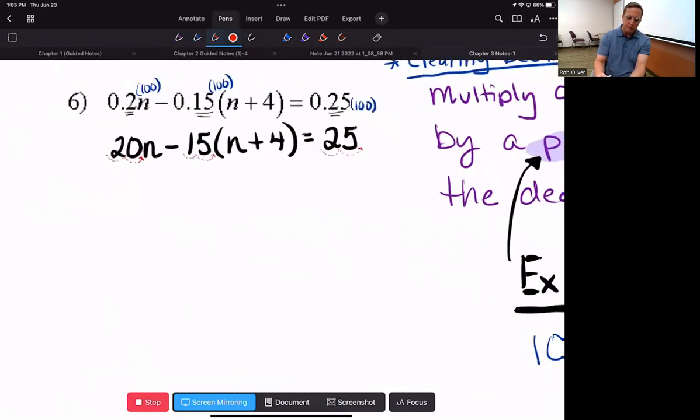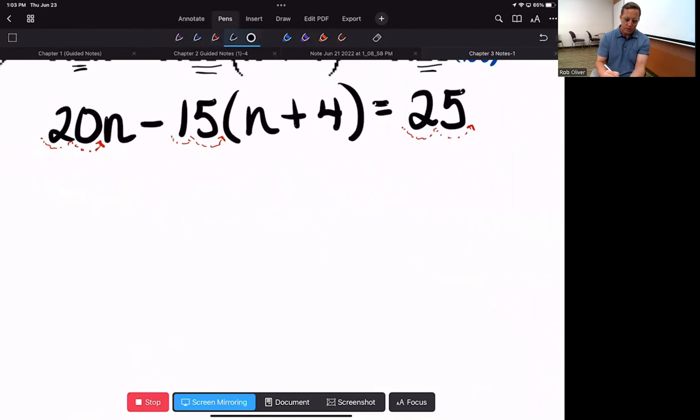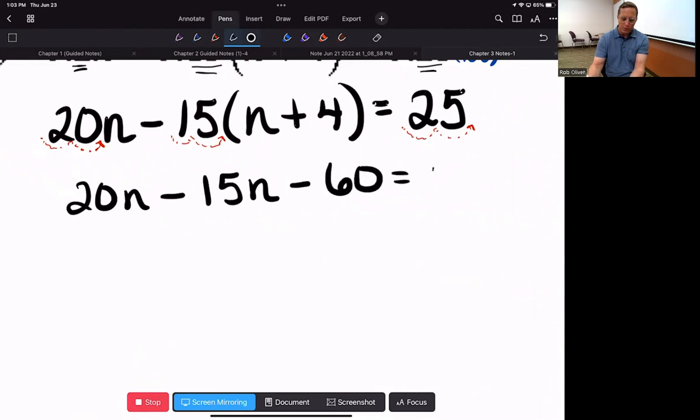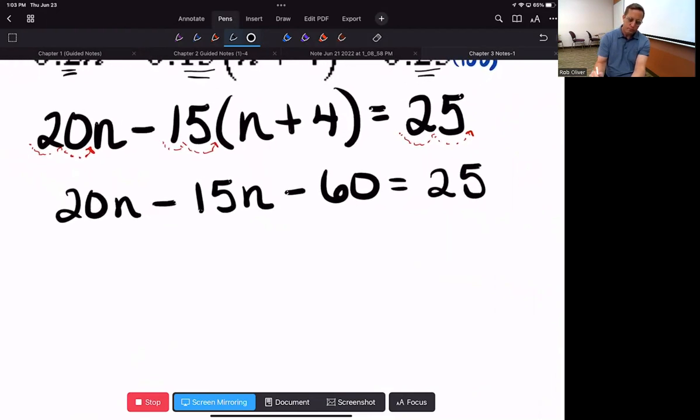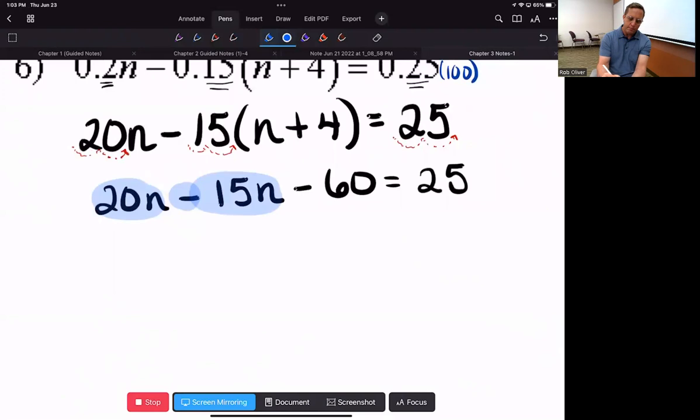So now let's clear parentheses. You get 20n minus 15n minus 60 equals 25. Right here, those are like terms, so let's clean those up.